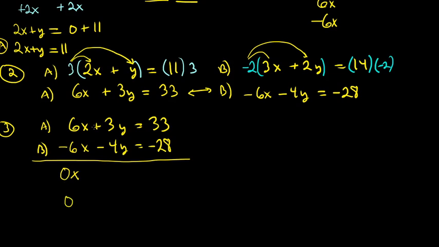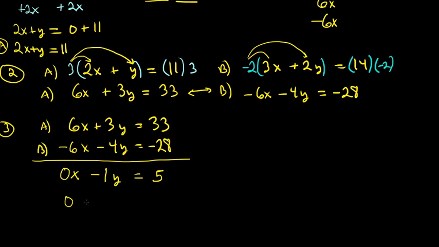Right? And then we have positive 3y plus a negative 4y, right? So 3 plus negative 4 is just negative 1 times y, right? And that's going to equal 33 plus negative 28, or 33 minus 28 is 5.